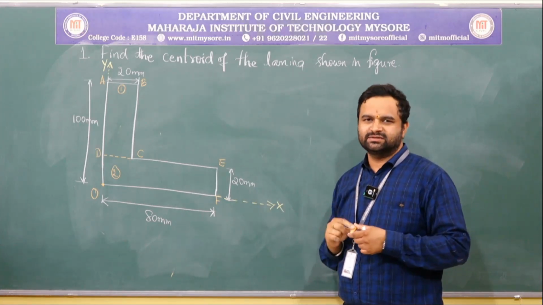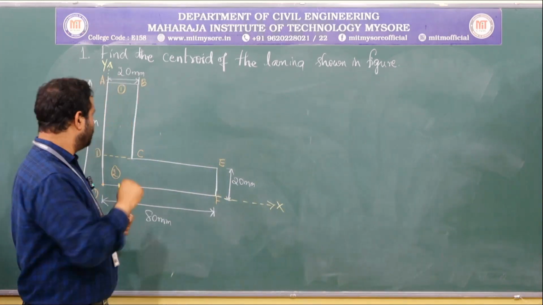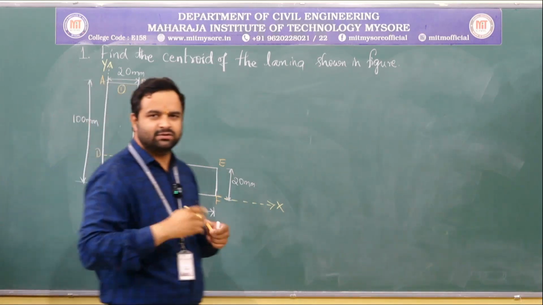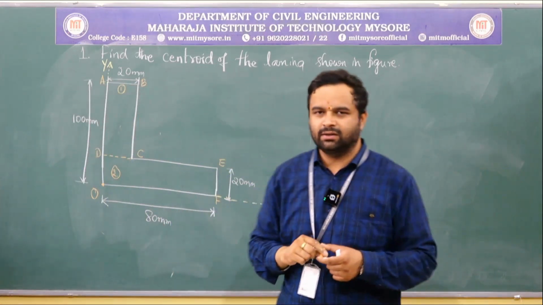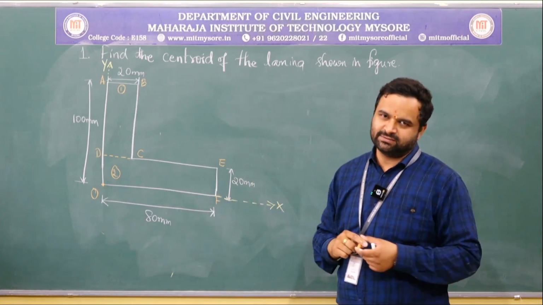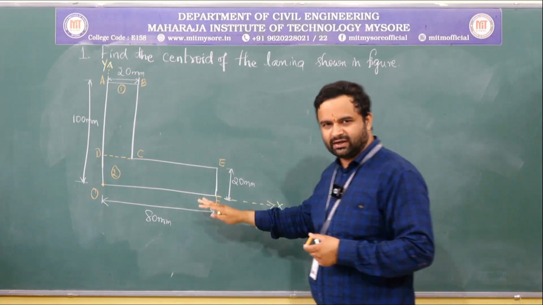But the thing is, you know how to calculate the centroid only for the rectangular components or regular geometrical figures. But here you need to locate it with respect to referral axis. Initially you do not have any idea about the referral axis.